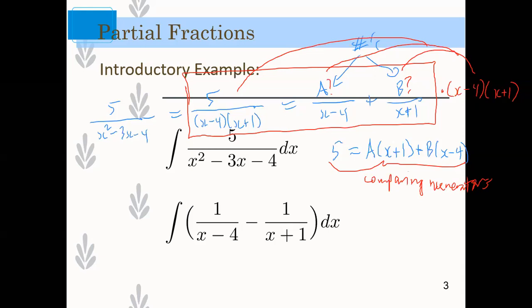Okay, what to do? How can I figure out what A and B are? Remember, the goal is that I need to know what A and B are, right? I want to know what A is. I want to know what B is. How am I going to pull that off?